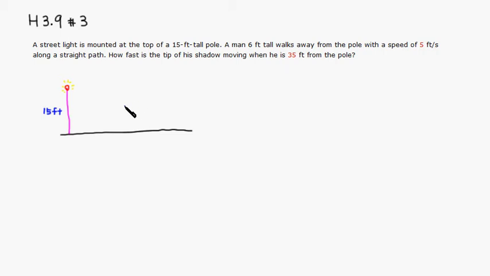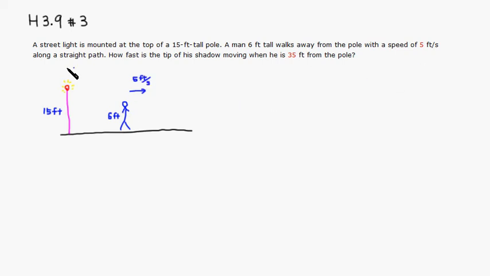So here's a man right here, and he's 6 feet tall. He walks away from the pole at the speed of 5 feet per second, so he's walking this way at the rate of 5 feet per second.